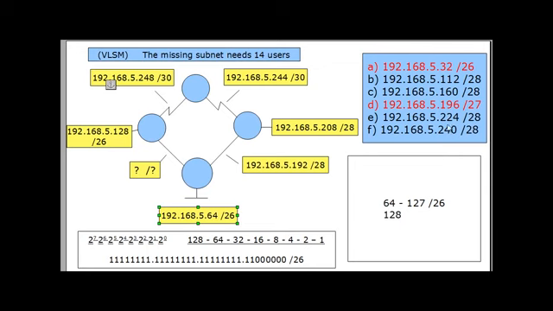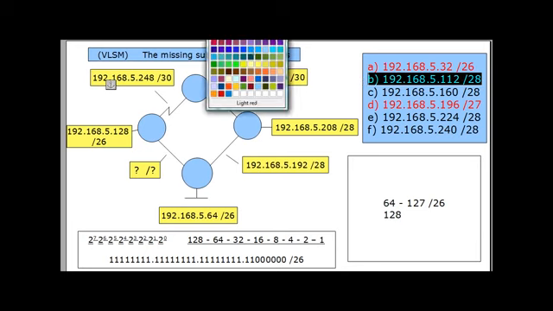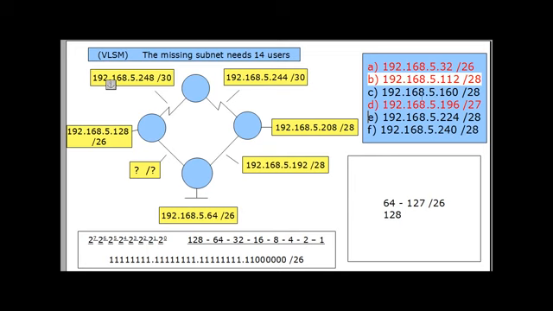So if we look up here at our choices, the 112, this choice B here, is already being used by the 64 network. So this one is no good. This answer is incorrect, right? Can't use the 112. It's already being used by this network here.